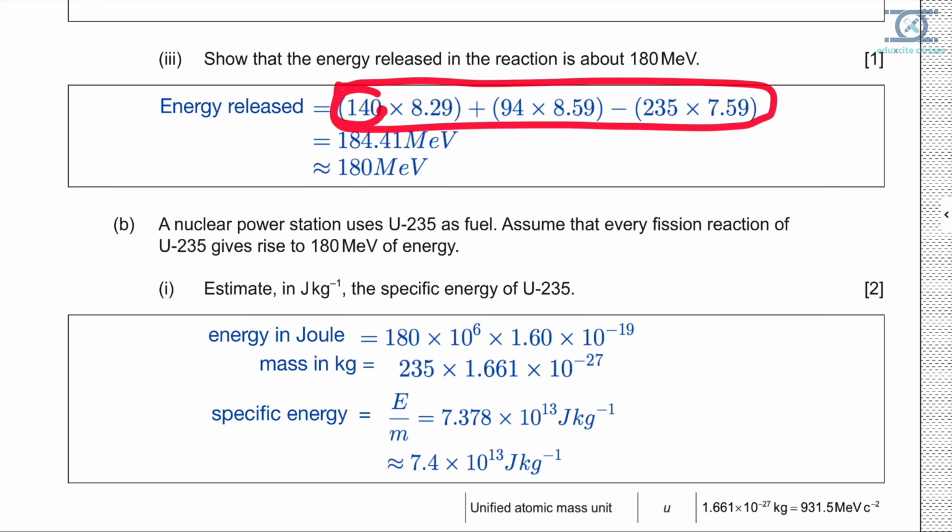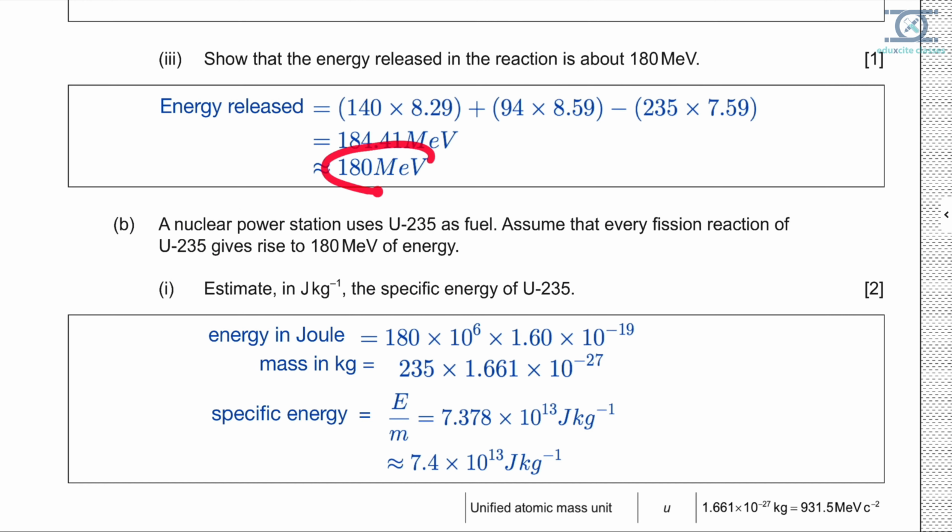This is the nucleon number and this is the binding energy per nucleon. So by solving, you will get, to two significant figures, about 180 mega electron volt.